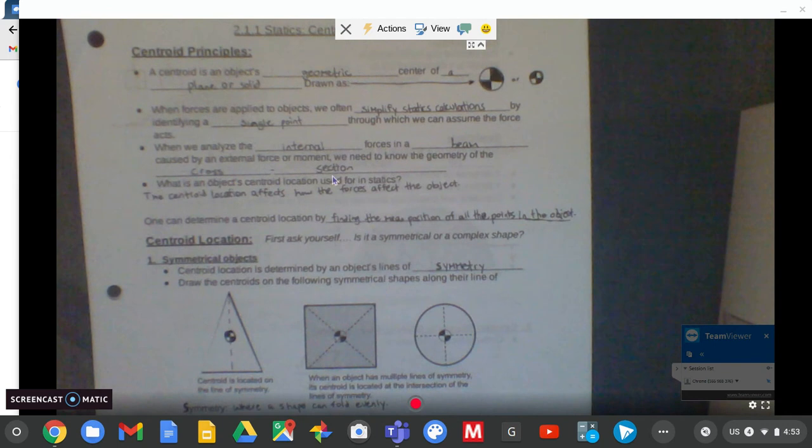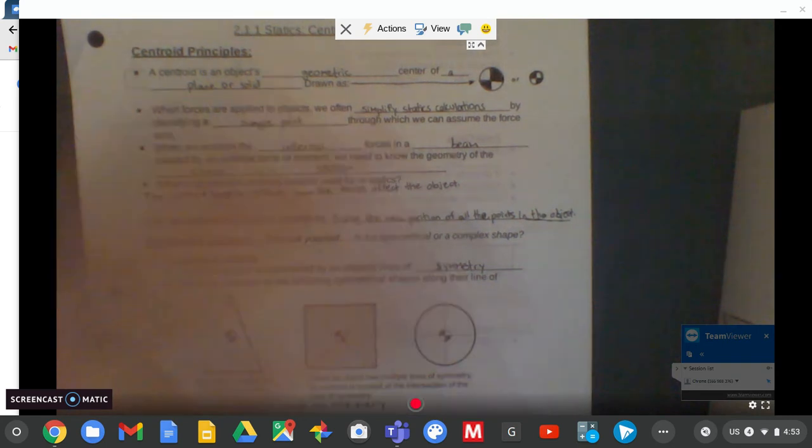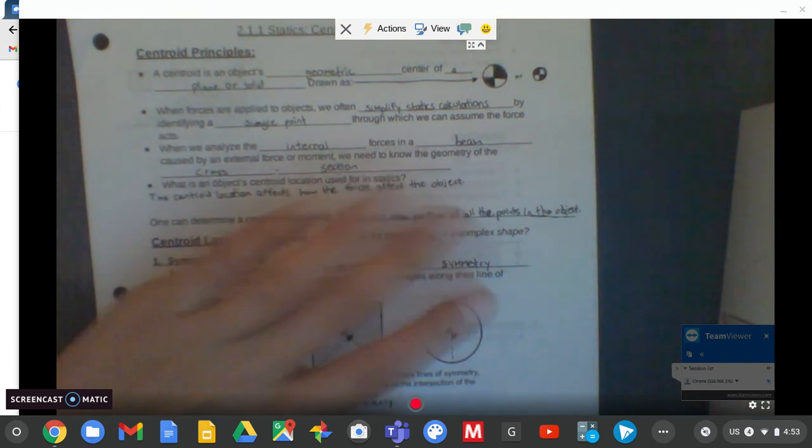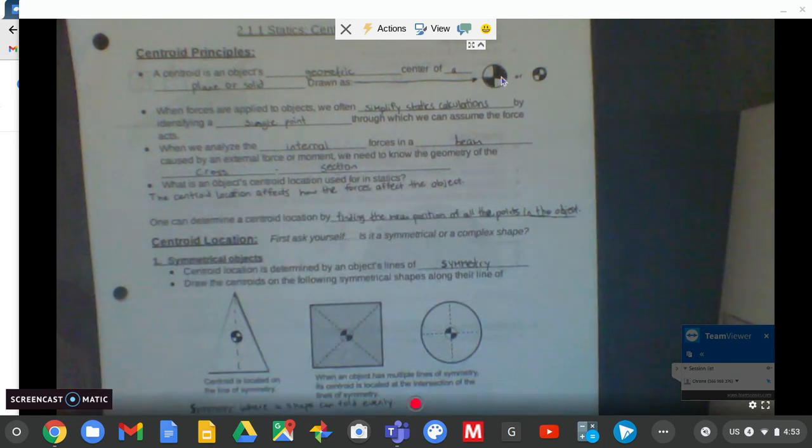So let's get started. A centroid is the object's geometric center of a plane or solid. The symbol for that looks like a BMW symbol. That's how you draw this.